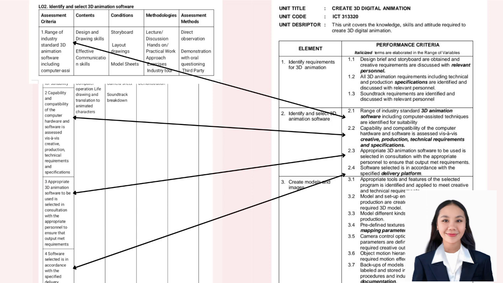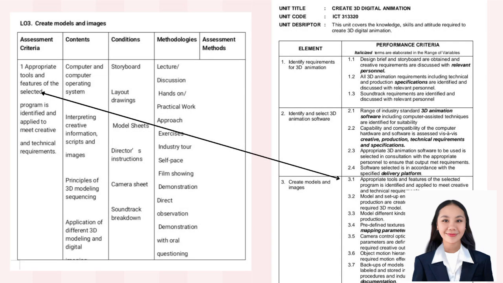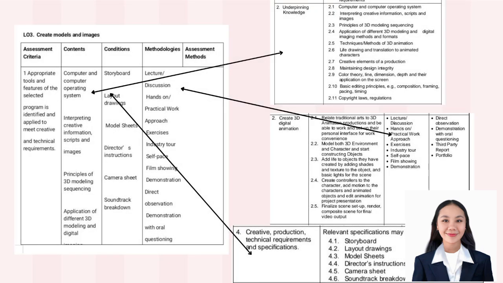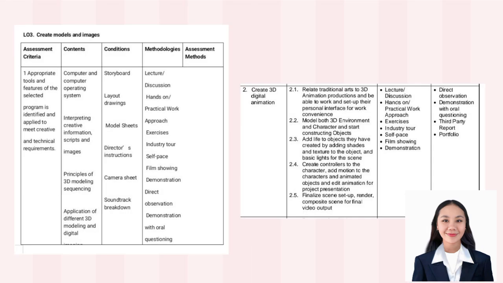Next, for the LO2, identify and select 3D animation software. So, same process lang din po for the contents, condition, methodologies, and assessment methods. Kung saan po ito nakuha, same process din po sa nauna. Next, LO3, create models and images. Same process din ulit po.